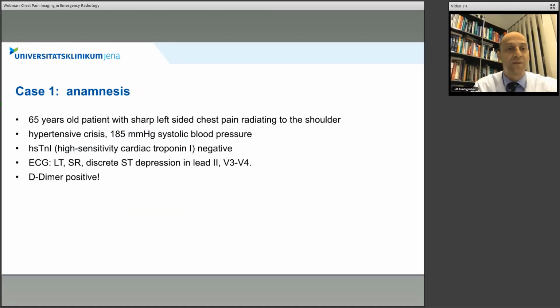So let me just show you one of our first cases. We have a 65-year-old patient with a sharp left-sided chest pain radiating into the shoulder, hypertensive crisis, and also a negative troponin level.